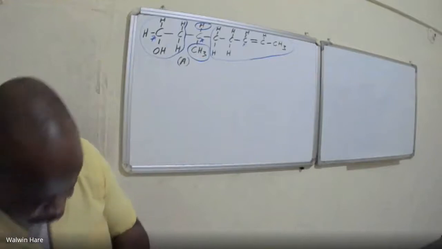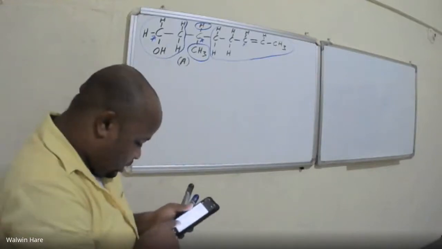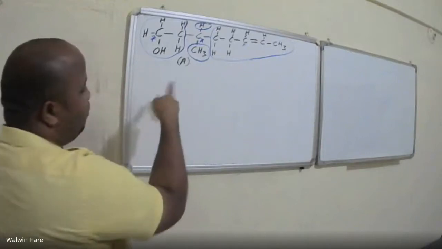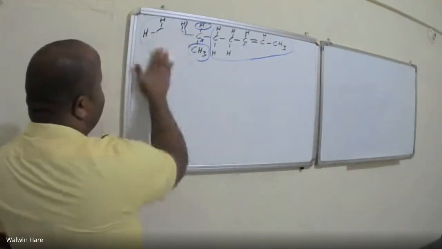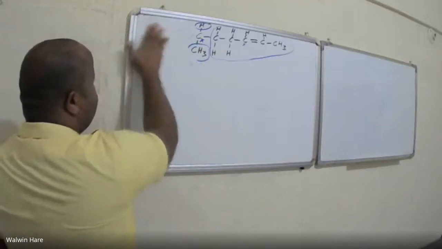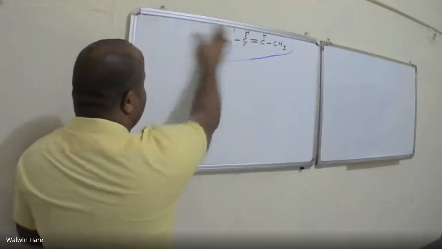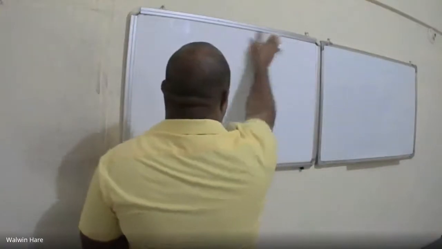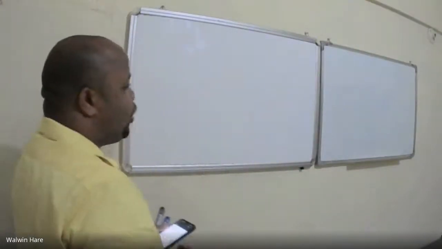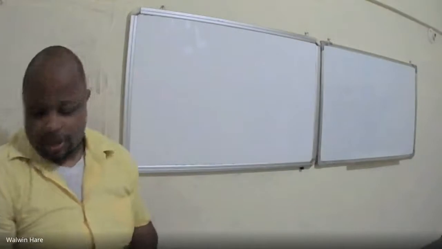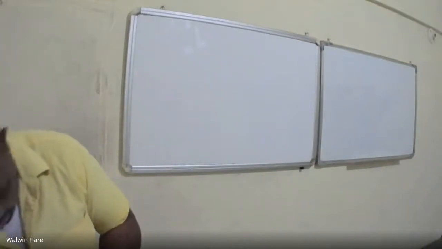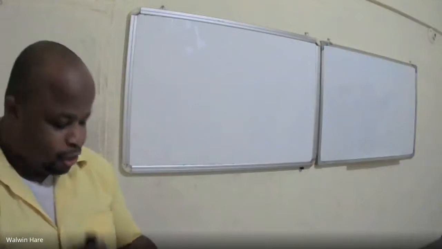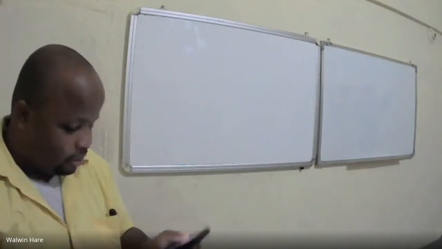Then it says draw geometric isomers of B. Alright, so let me erase A. Everybody over here. So what's the other name for geometric isomers? Geometric isomers are also cis-trans isomers.